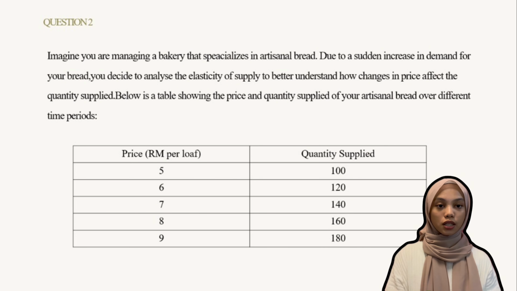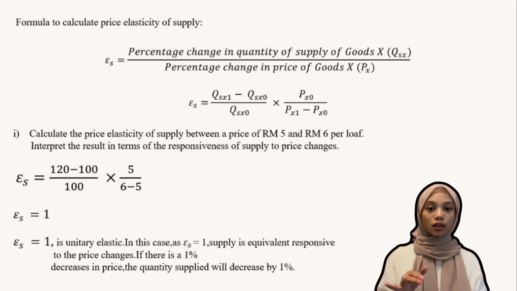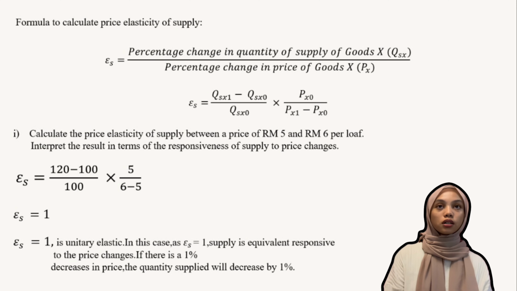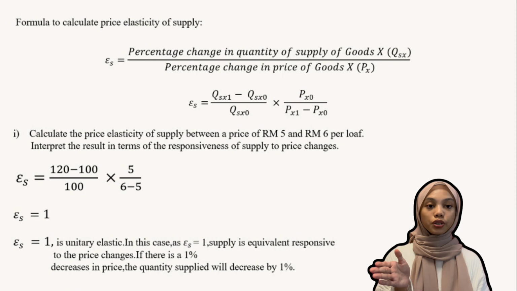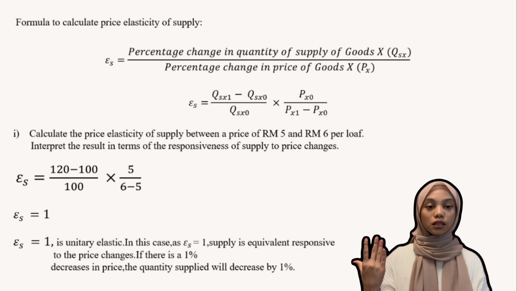So the first question is: calculate the price elasticity of supply between a price of 5 ringgit and 6 ringgit per loaf. Interpret the result in terms of responsiveness of supply to price changes. It is given that 5 ringgit is for 100 quantity supplied and 6 ringgit is for 120 quantity supplied.